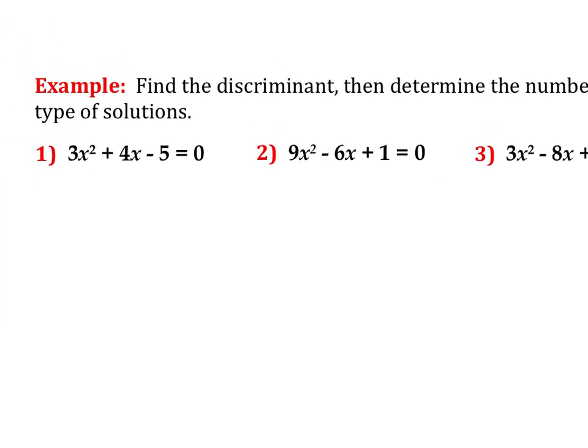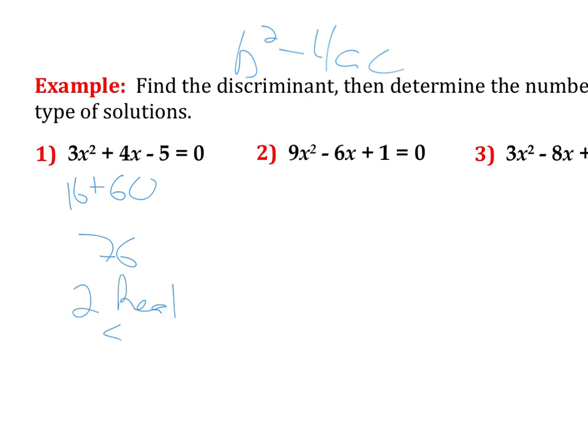All right, so we're going to find the discriminant on each one of these, doing b squared minus 4ac for every single one. So for number 1, b squared, that's 4 squared, is 16, minus 4 times 3 times negative 5. So that's going to turn to a plus. 4 times 3 is 12, times 5, 60. Well, that's 76. That's positive, so there would be 2 real solutions.